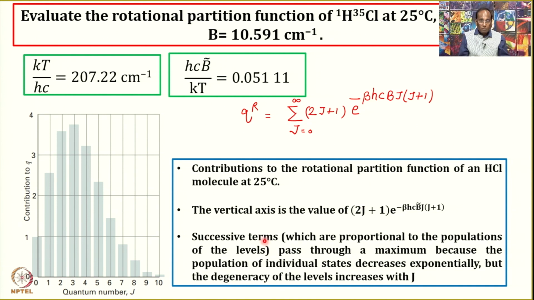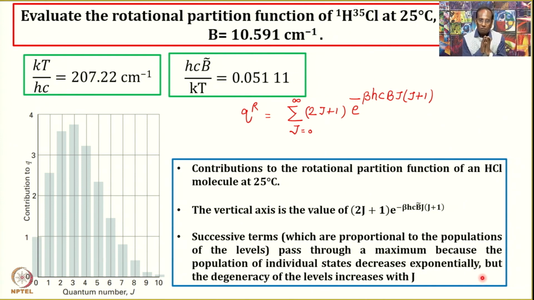Successive terms, which are proportional to the populations of the levels, pass through a maximum because the population of individual states decreases exponentially, but the degeneracy of the levels increases with j. Once again, when j is equal to 0, this value is 1. As j increases, the value increases, passes through a maxima and then decreases.